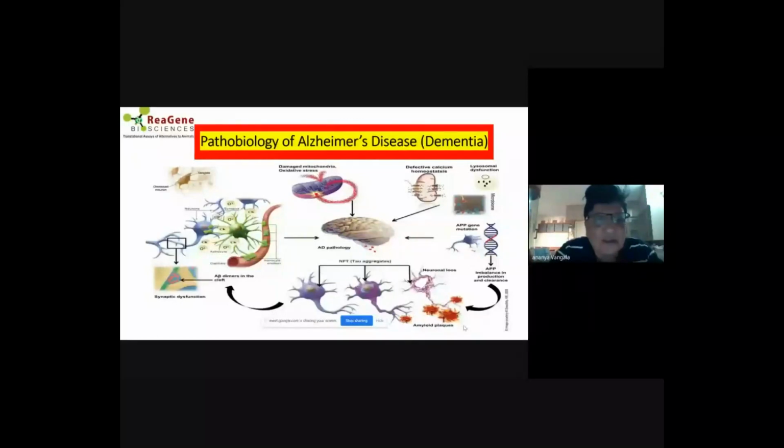The mechanism of Alzheimer's disease, as we know so far, is that it's a progressive disease. It probably starts in the early 40s, but you don't really get memory loss until 60 plus.